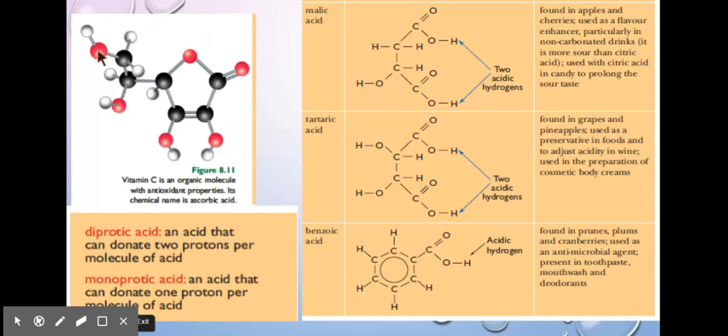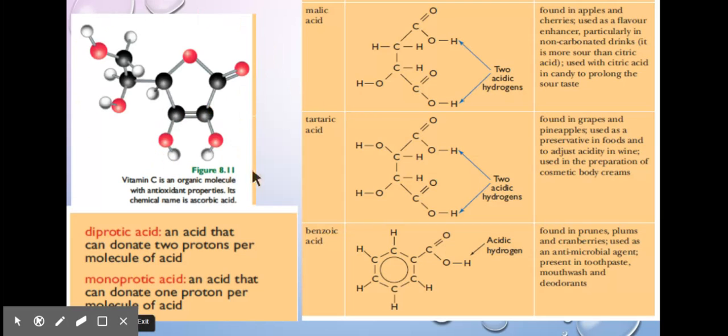This is vitamin C, which is ascorbic acid, which isn't quite the same thing as citric acid. Even though you get vitamin C in citrus fruits, there is that acidic aspect to it, where this OH is going to break off easily, and possibly even that one.